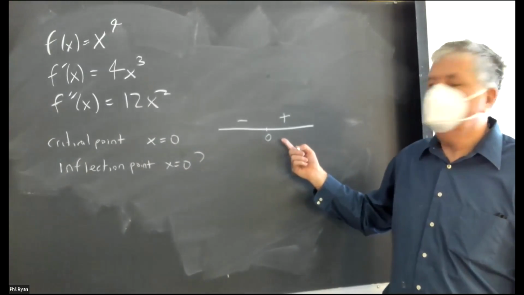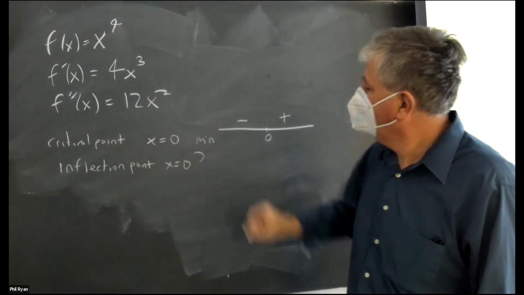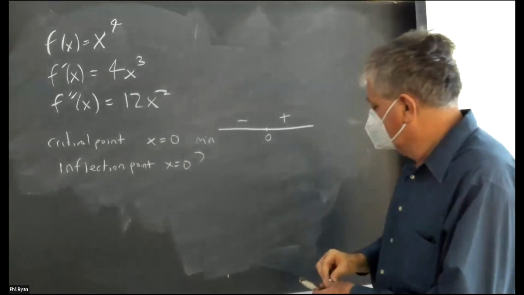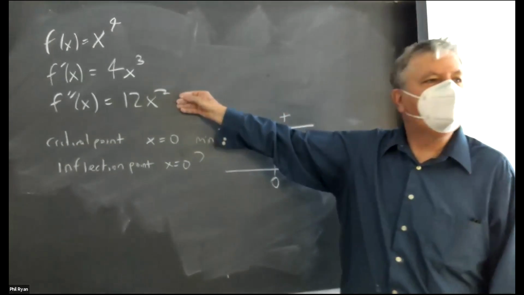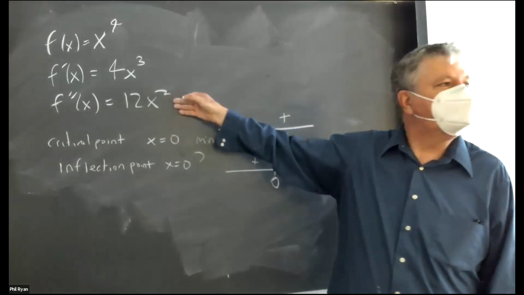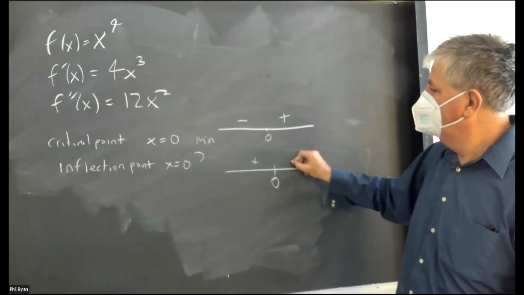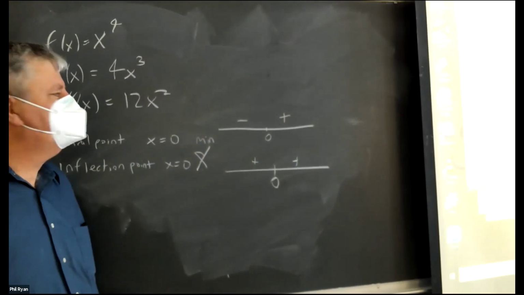What do we got here then? It's a minimum. Let's have a look at the second derivative. What happens when x is negative? What happens when x is positive? It's not an inflection point.